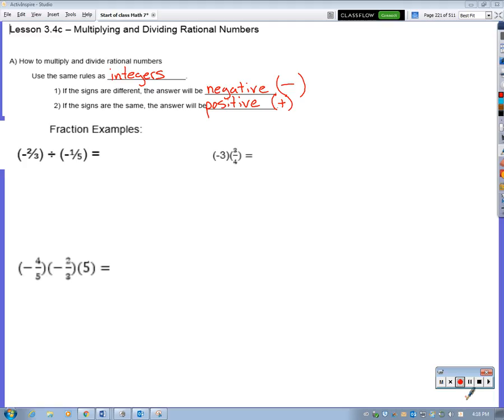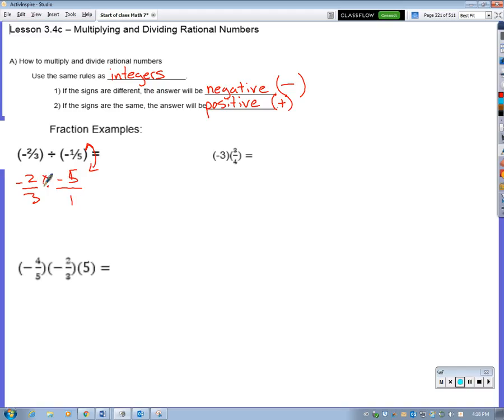So for any division problem with fractions, we have to remember to flip the second fraction. It really doesn't matter which fraction gets flipped. When you see fractions and there's division going on, one of them has got to get flipped. You just can't deal with it the way it is. So let's flip the second one just to be consistent. So negative 2/3 times negative 5/1.